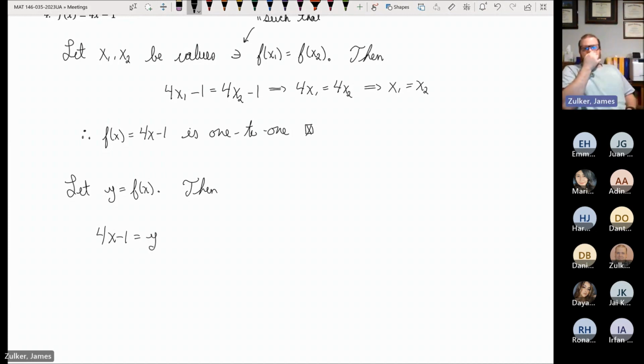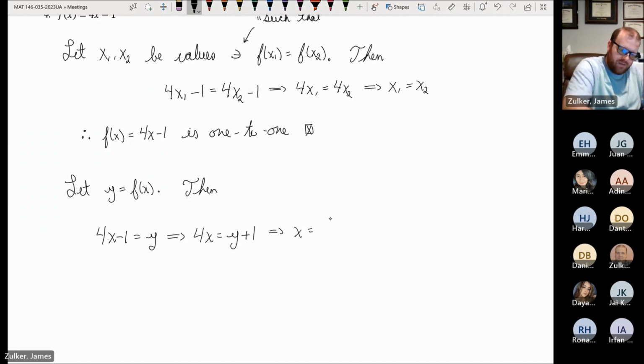Right, that would mean that 4x minus 1 has to equal y. Solve for x. Always add 1 to both sides. Then we divide both sides by 4.